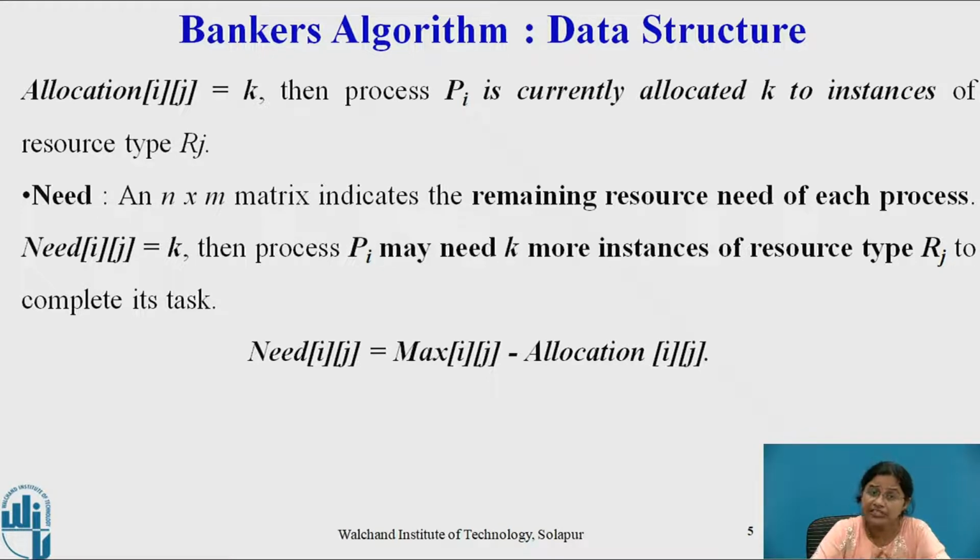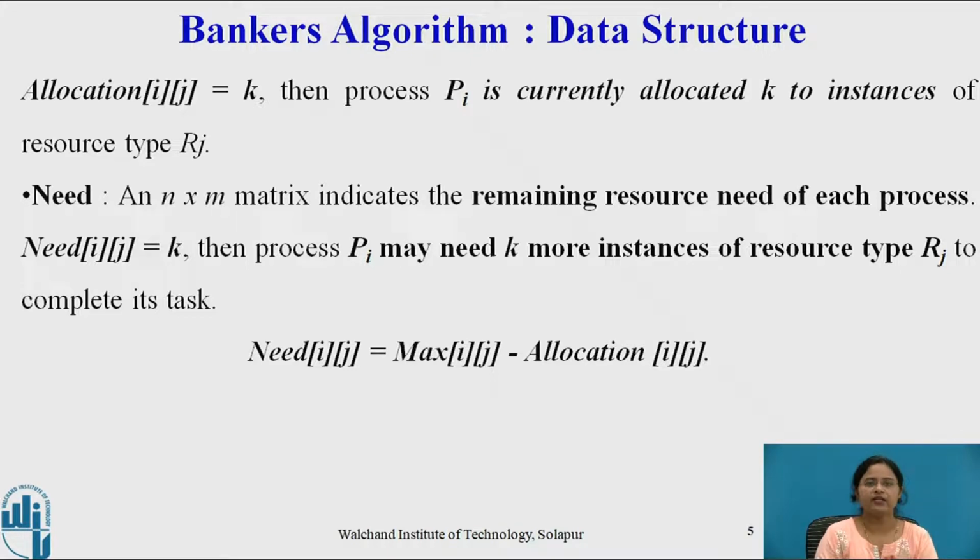So, the Need matrix shows that it needs k more instances of resource type Rj. So, Need[i][j] equal to k means process Pi may need k more instances of resource type Rj to complete its task. So, how is this need calculated?